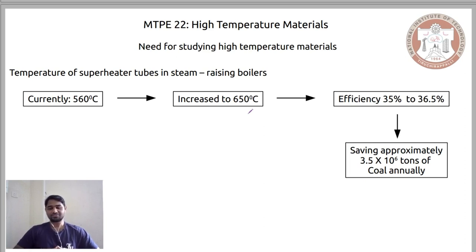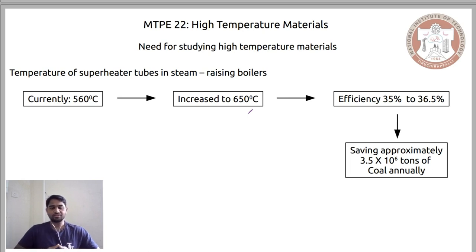This would no doubt fetch you a lot of recognition, but apart from that, you would have contributed something directly from your material research to society, particularly the energy sector. So these are all the reasons why one would want to understand the behavior of high temperature materials.